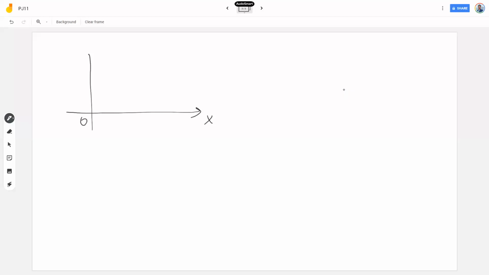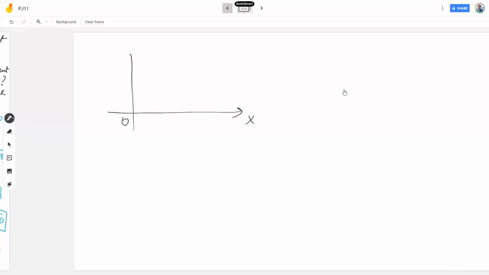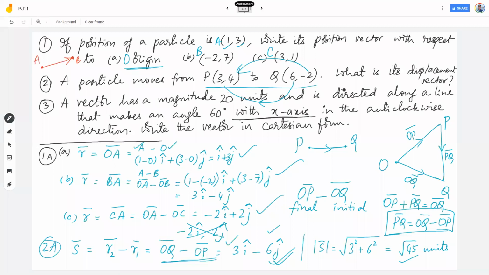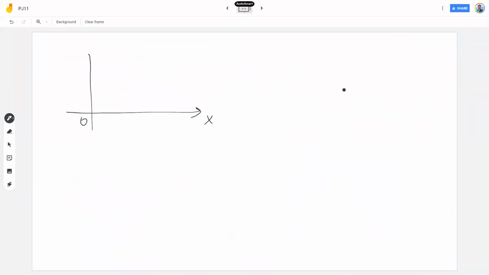Origin. Now what they're saying, with x-axis in the anti-clockwise direction, a vector makes an angle 60 degree. So from x-axis, two directions are there. You can either rotate in anti-clockwise direction or in clockwise direction. We are worried about anti-clockwise direction. So from positive direction of x-axis, you turn 60 degree in the anti-clockwise direction.